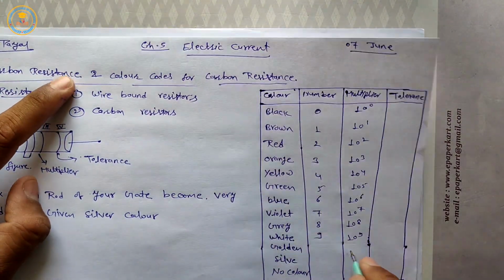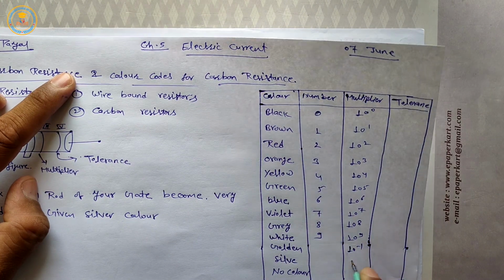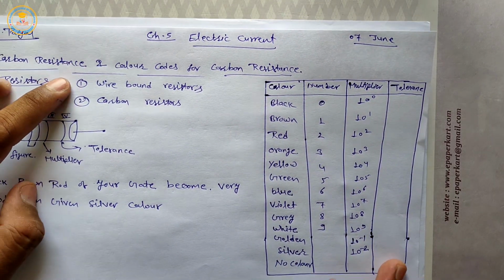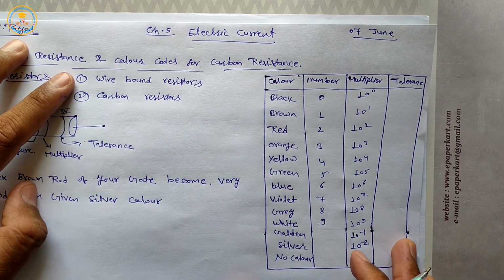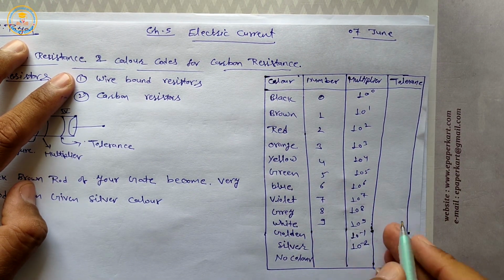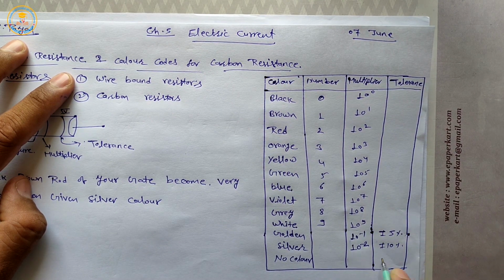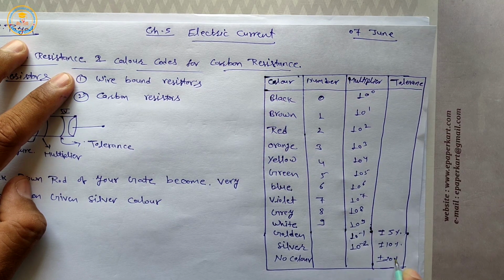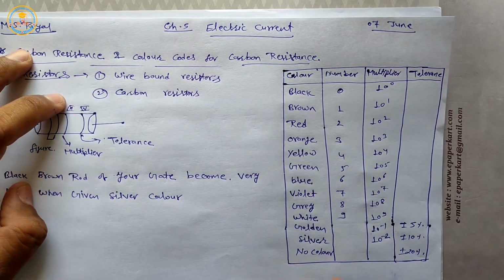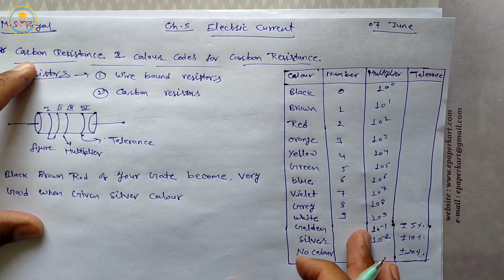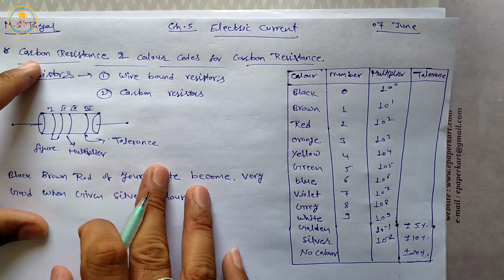Okay, and for golden 10 to the power minus 1, for silver 10 to the power minus 2. And the tolerance of golden, silver, and no color is plus minus 5%, plus minus 10%, and plus minus 20% respectively. This is the table to find out the resistance of a carbon resistor.